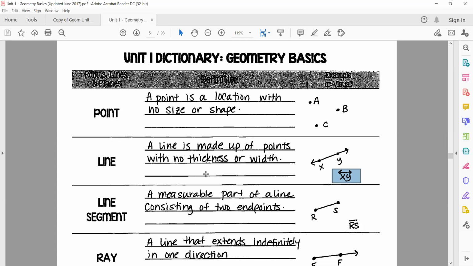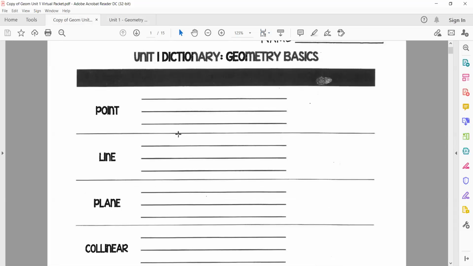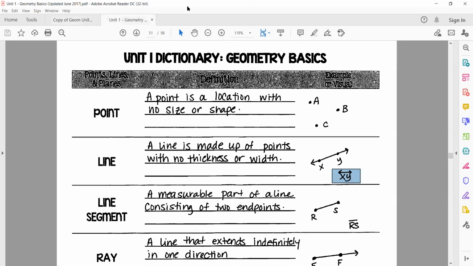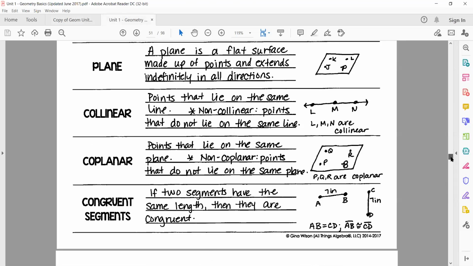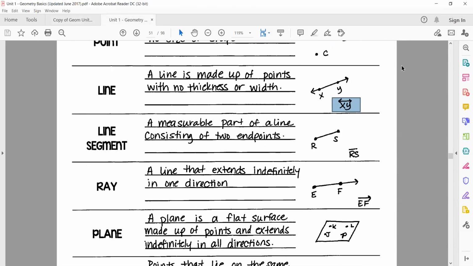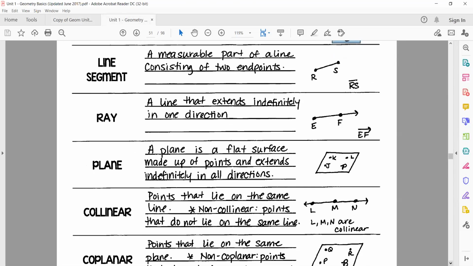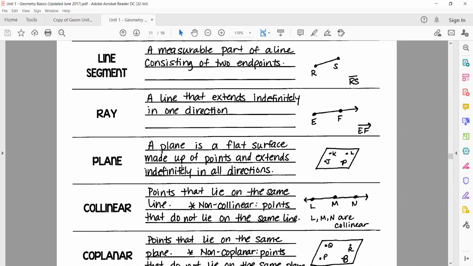You can see right away that what I have here is in a little different order than what you guys have. Plane and collinear are next. Plane, it's a flat surface.